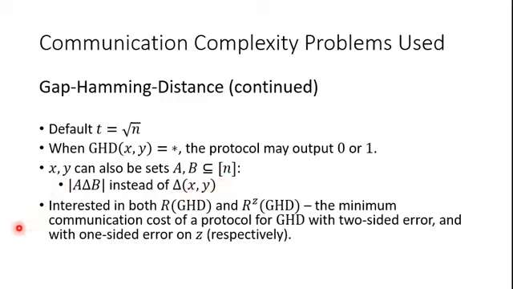For this problem, we'll be using both the communication cost of GHD with two-sided error, and the communication cost for a protocol that has one-sided error on z.